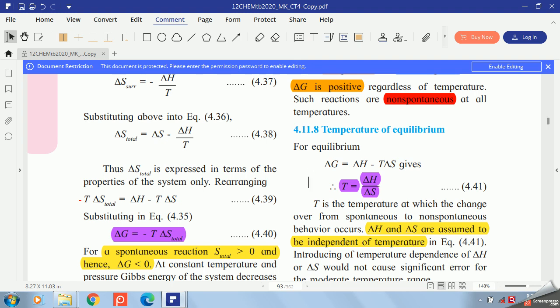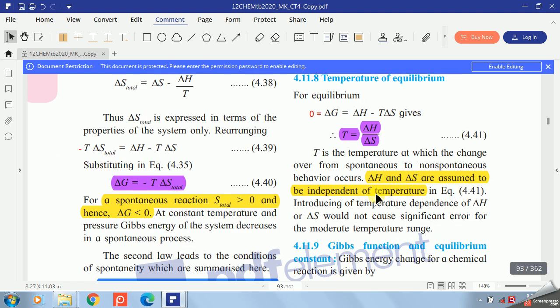So at equilibrium, 0 is equal to delta H minus T delta S. So delta H is equal to T delta S. So T is equal to delta H divided by delta S. So temperature T is equal to change in enthalpy divided by change in entropy.